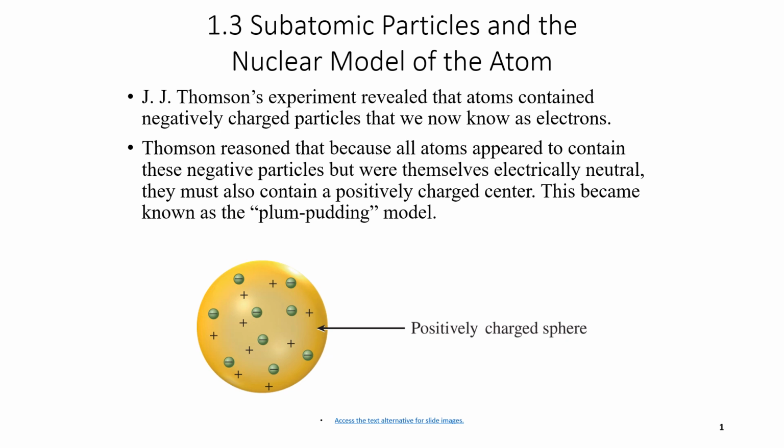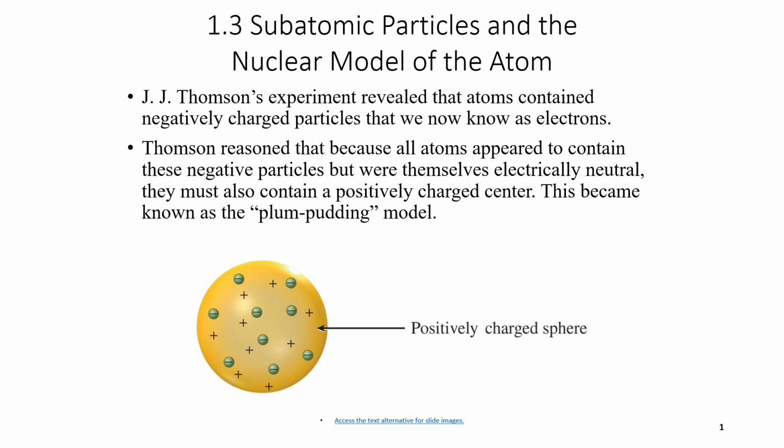Thomson proposed a model for the atom, which he called the plum pudding. In the US, we don't really have plum pudding as a dessert. Nobody that I know has ever had plum pudding, but we do have chocolate chip cookies, and it is very similar.